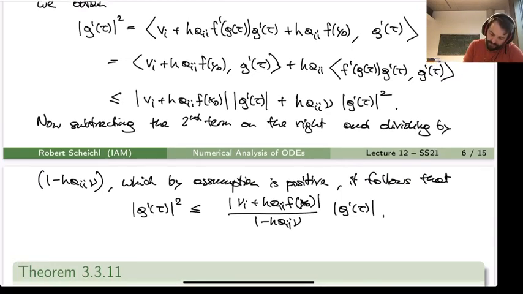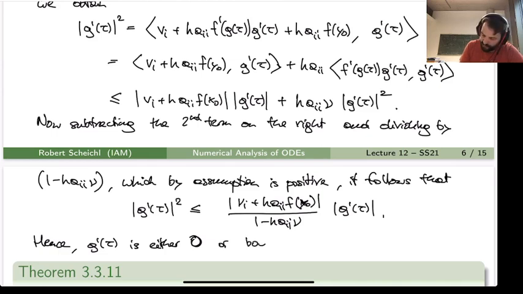Hence, g prime of tau is either 0, which is fine, or bounded for all tau in [0, 1], and we are finished.